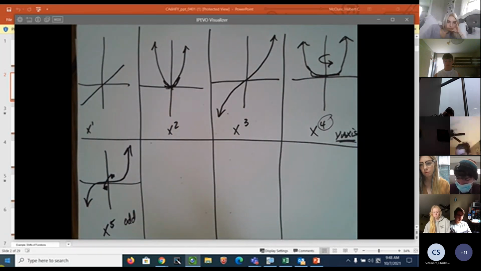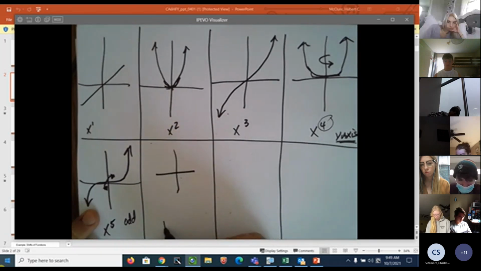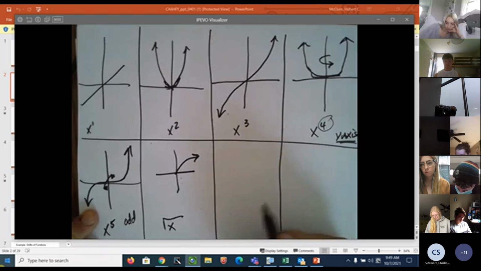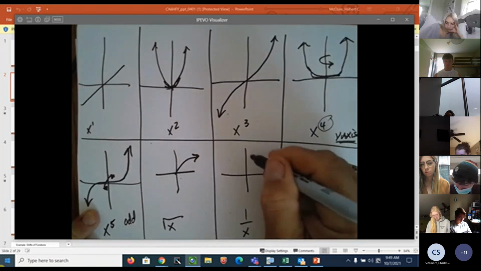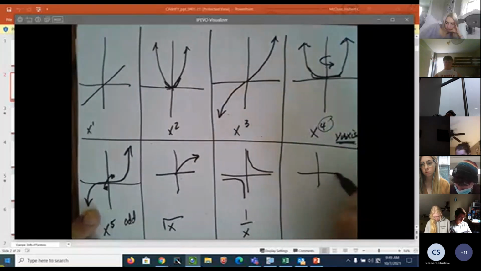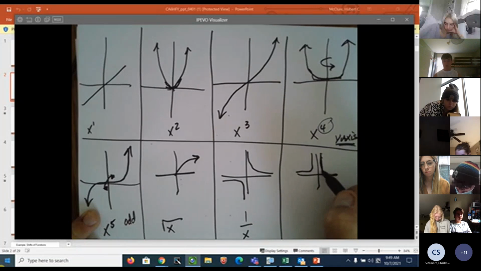Okay. You've got your square root function, which looks like that. You've got your 1 over x function, which looks like half a volcano. And then you've got your 1 over x squared, which is your full volcano.